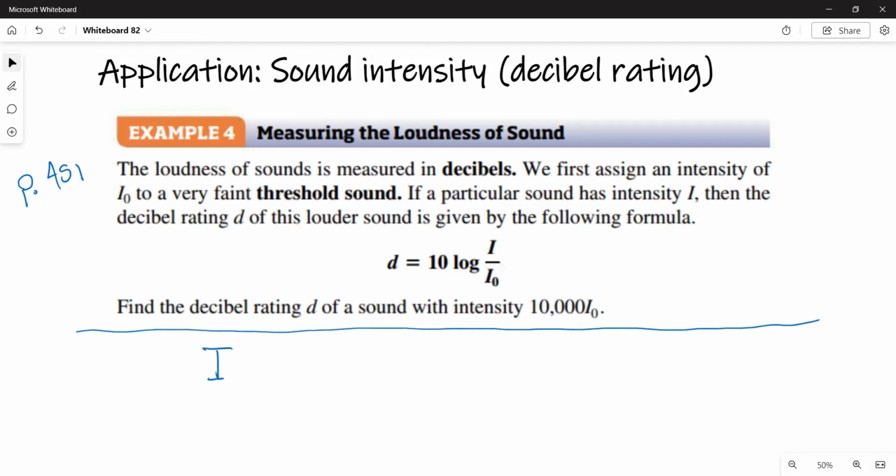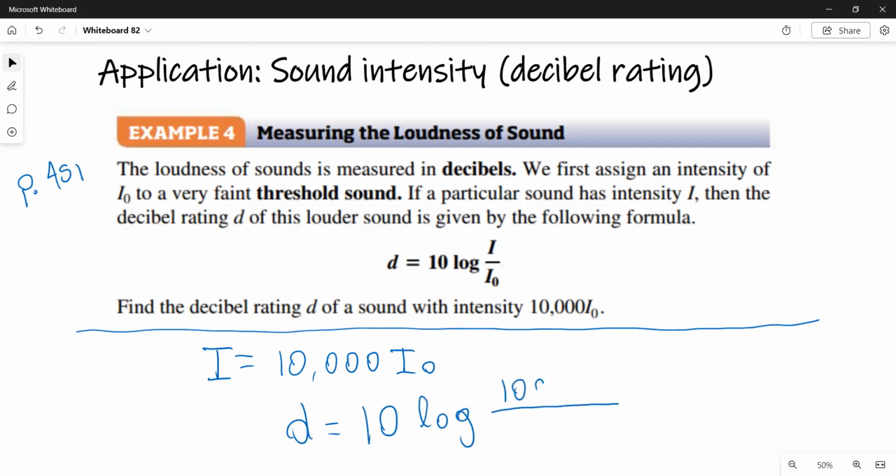Okay, so I know what is I. I is 10,000 times the threshold sound. So the decibel rating, we plug this into the formula, that's 10 times logarithm of 10,000 I0 divided by I0. So that's a constant.